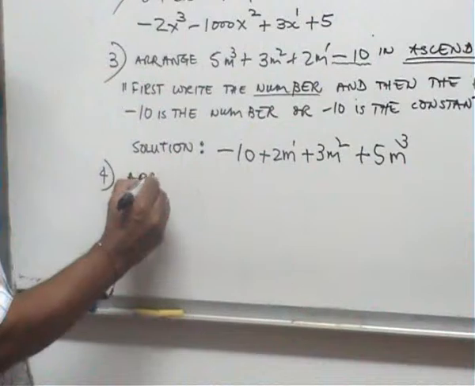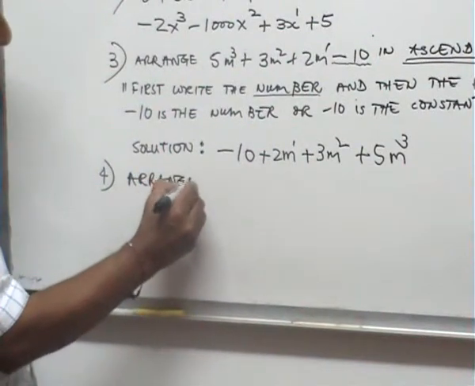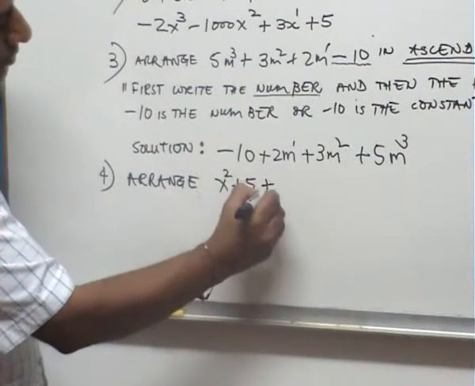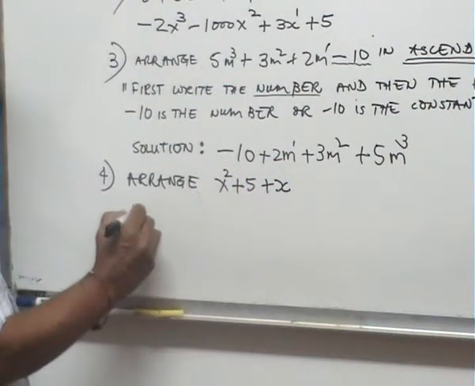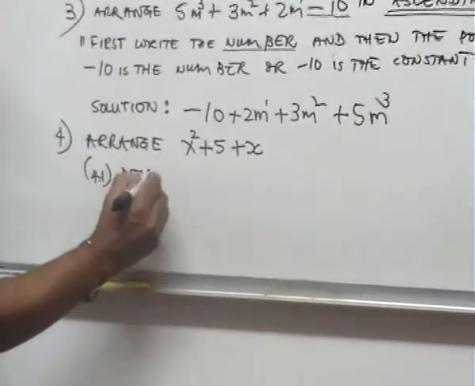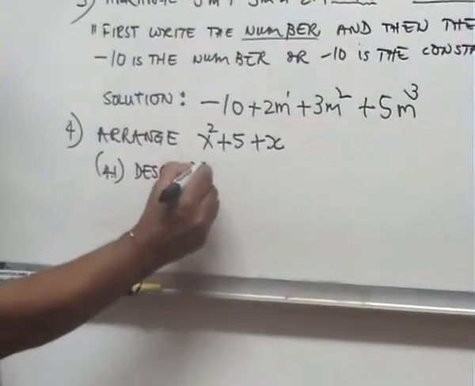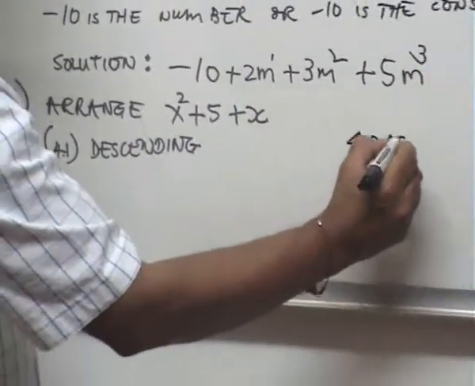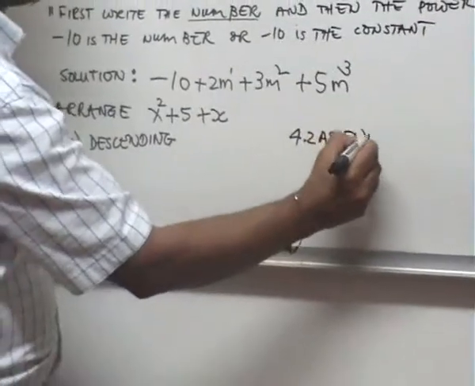Look at this question. Arrange x squared plus 5 plus x: 4.1 descending and 4.2 ascending.